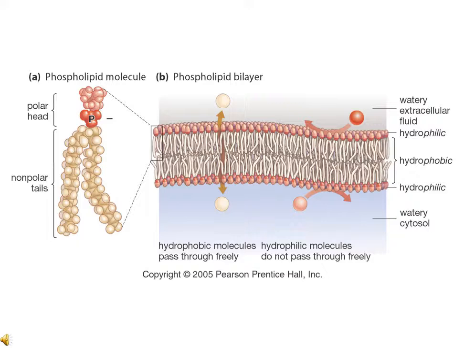Now, as you can see, the lipid bilayer, meaning two layers of lipids, is organized in a fashion so that only the hydrophilic side turns towards the inside of the cell or towards the outside of the cell. Now look at this very carefully and understand how this works.